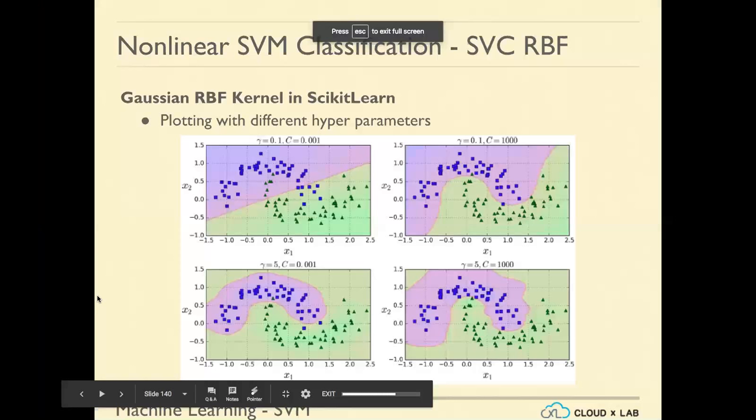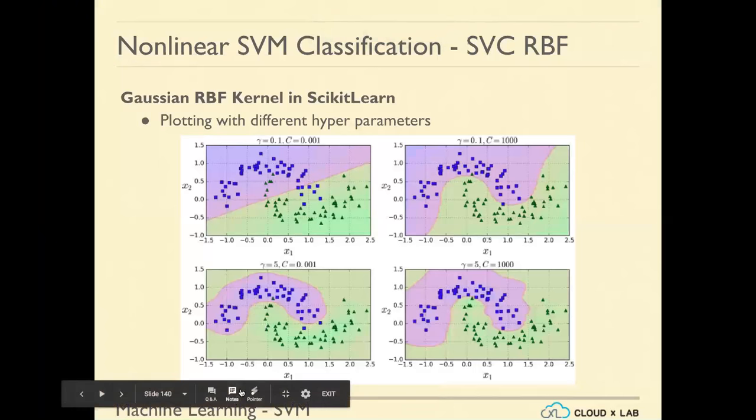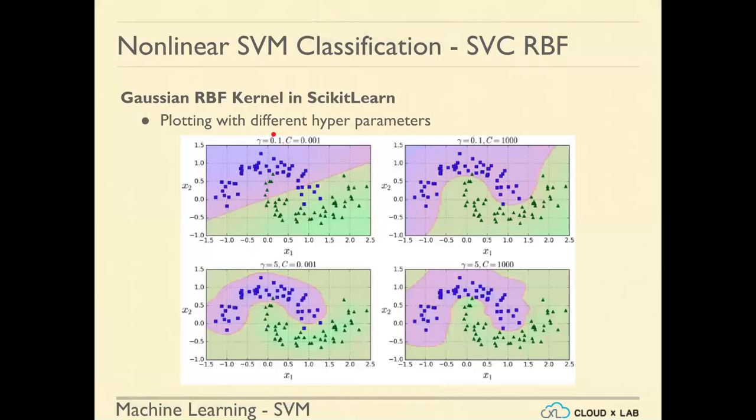Let's take a look at RBF kernels after plotting them. If gamma is 0.1, then this is how it looks. If gamma grows, then it looks like this.